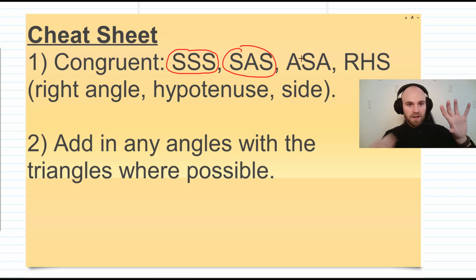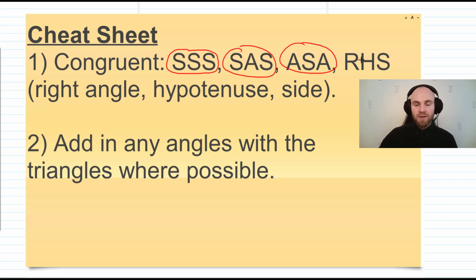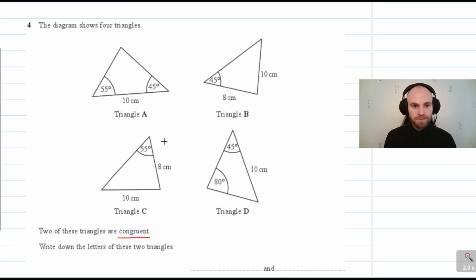You've got angle, side, angle with the side in the middle. And then the last one here, you could have the right angle with the hypotenuse and then one of the sides. And second part of the cheat sheet, we're going to add in any angles with the triangles where possible.